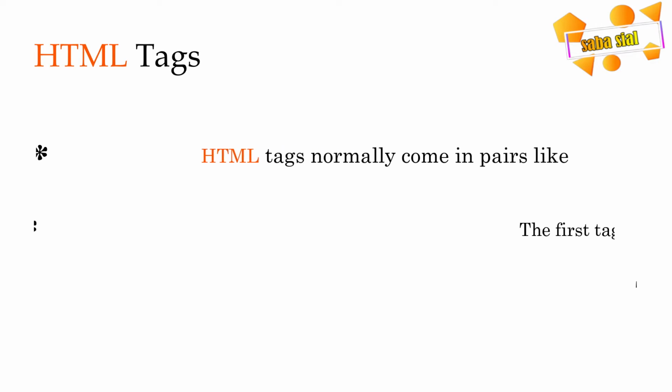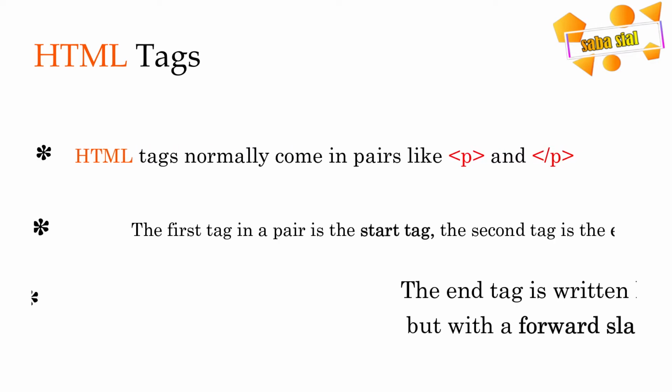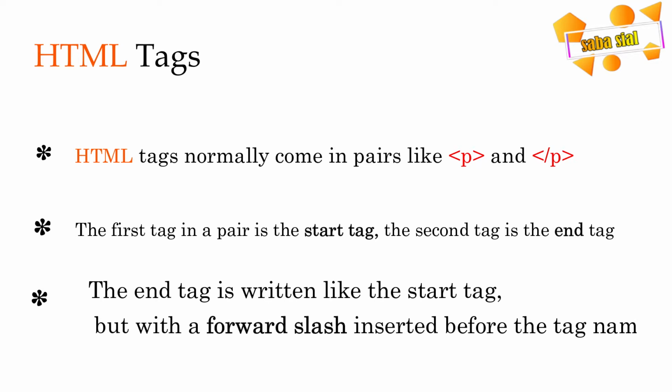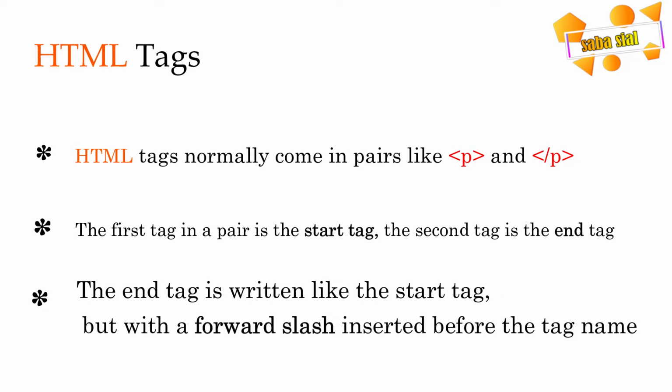HTML tags normally come in pairs like this. The first tag in a pair is the start tag. The second tag is the end tag. The end tag is written like the start tag but with a forward slash inserted before the tag name.